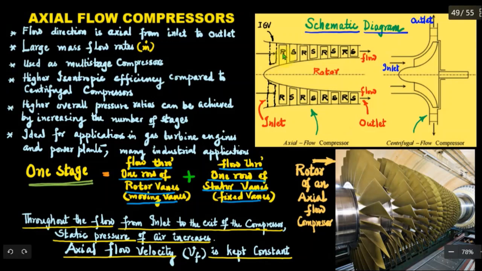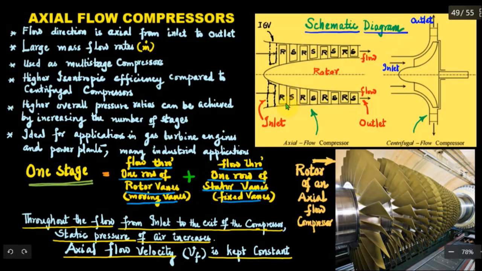energy transformation, that is energy conversion from kinetic energy to pressure energy in the rotor. So please keep in mind there is an increase of absolute velocity of air, as well as an increase of static pressure during the flow through the rotor vane.